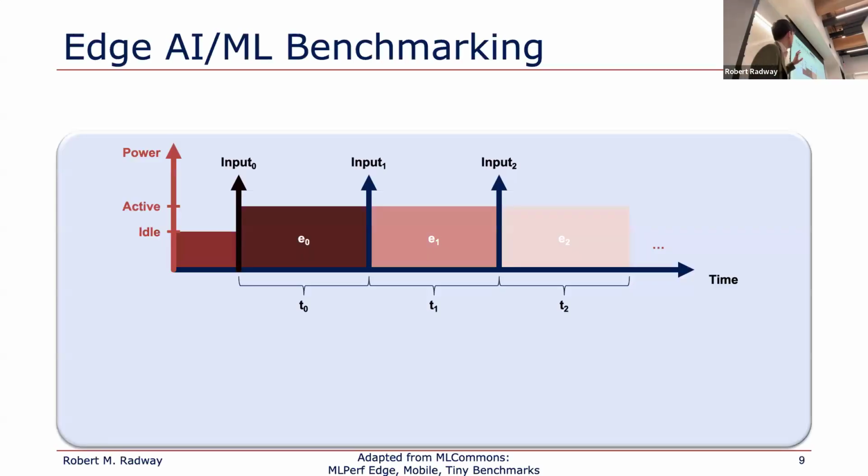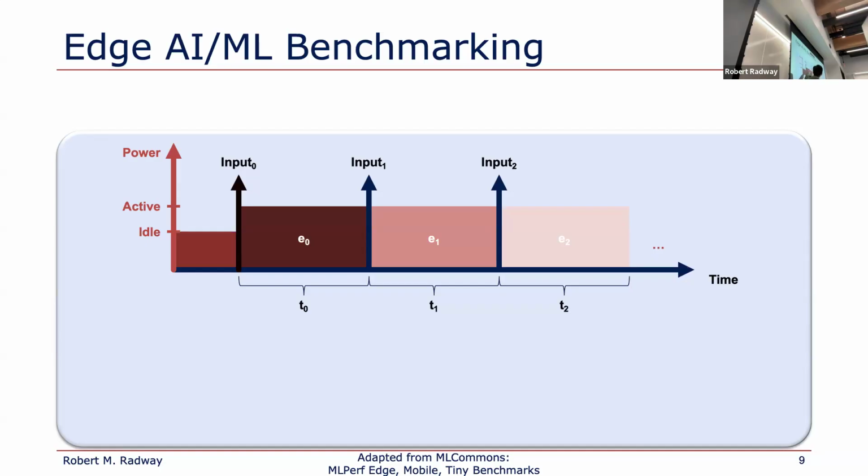So when we look at how machine learning systems are traditionally benchmarked, they look at two main characteristics. Throughput, so how many samples can you process in a given amount of time? Inferences per second is a common way of referring to this metric, or tokens per second if you're thinking about LLMs. And that is a good metric when you have this constant stream, because if you maximize your throughput, you tend to minimize your energy, right?